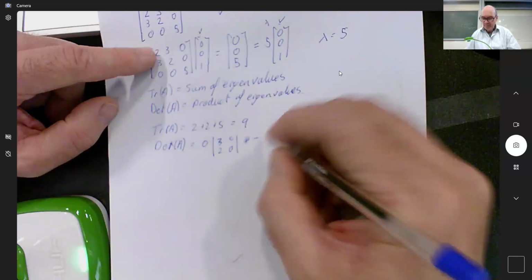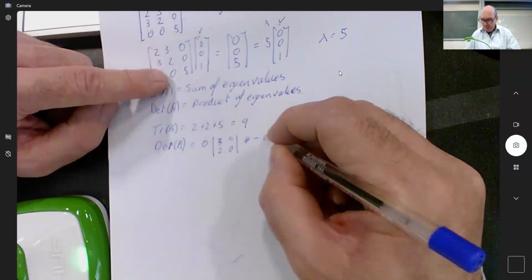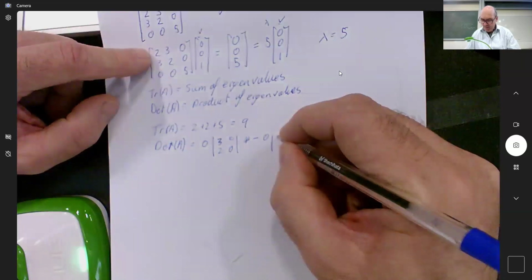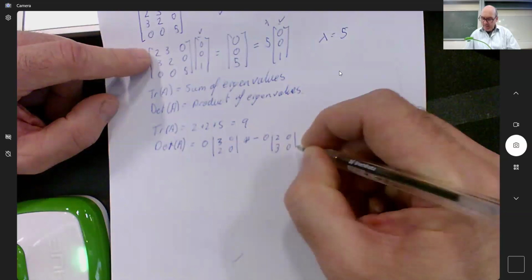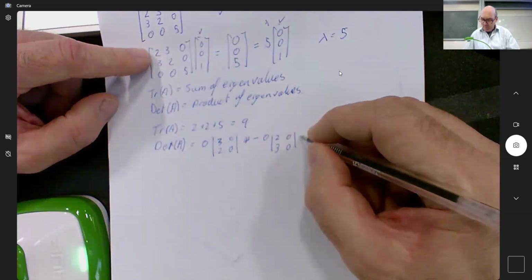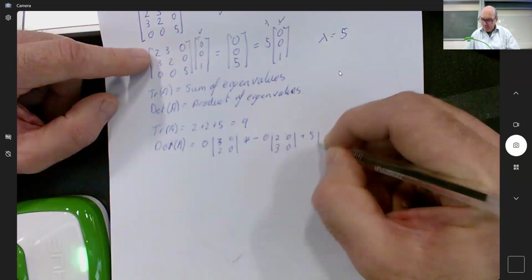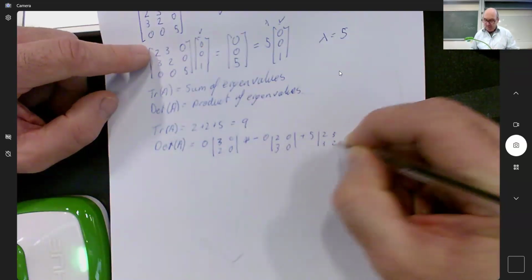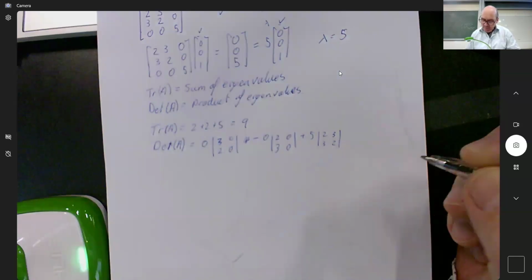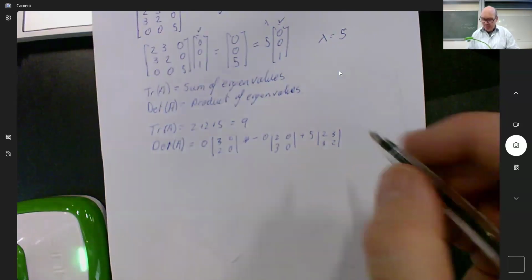0 by the subdeterminant would be 2, 3, 0, and 0. Plus 5 by 2, 3, 3, 2. Everybody's loving that because that's working out for me. It's 0, I don't even care about it.